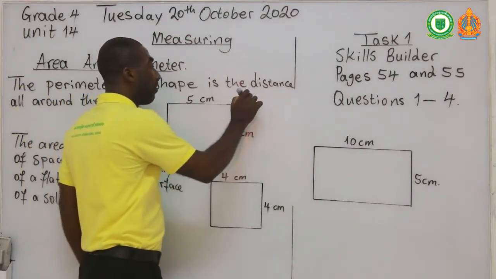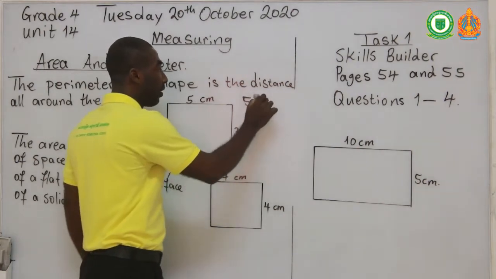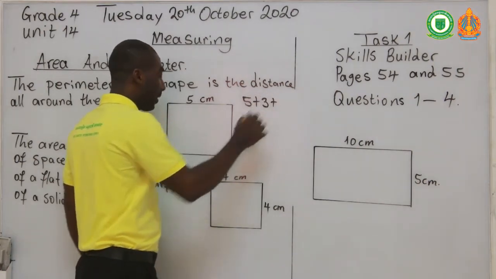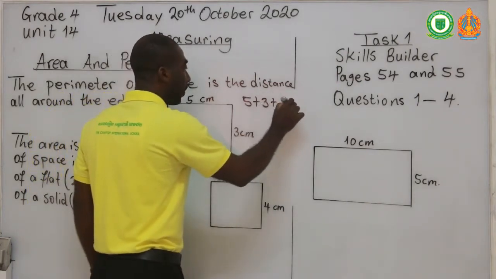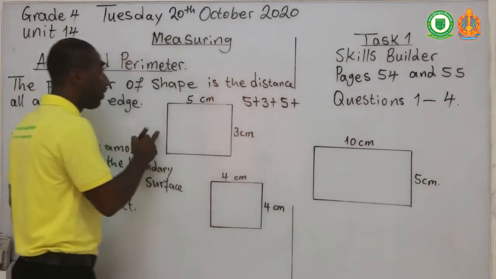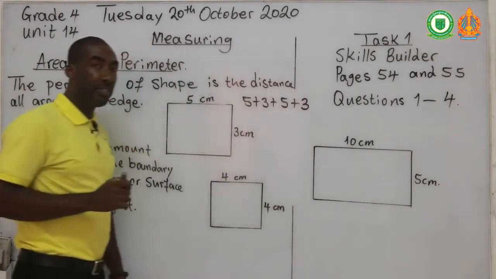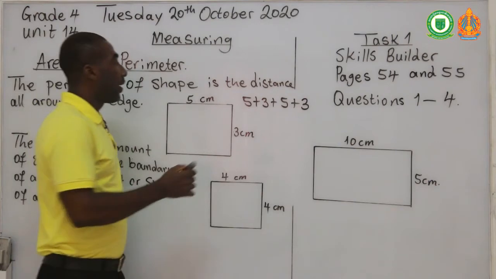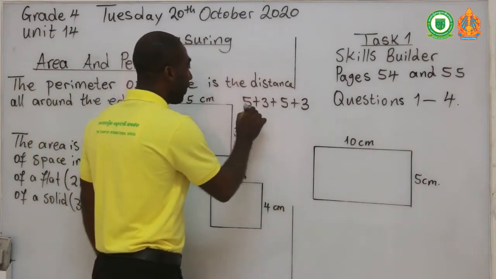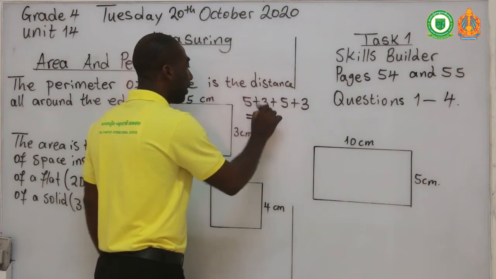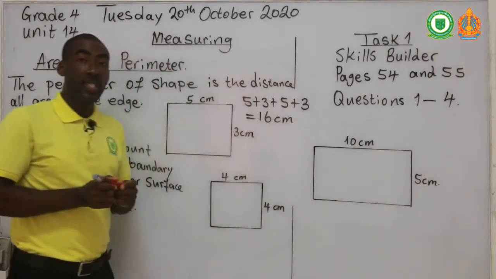So we're going to have 5 plus this 3 plus the 5 here plus the 3 here, okay? So this is what we're going to have. 5 plus 3 will give us 8 and this will also give us 8. So our final answer is going to be 16 centimeters.